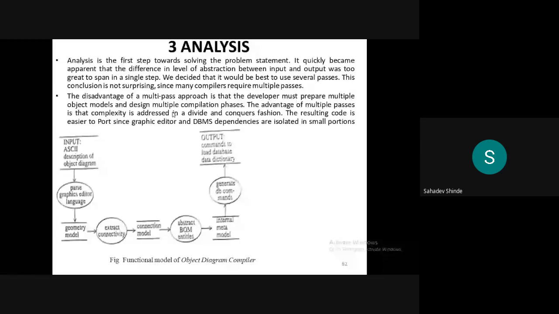The disadvantage of a multi-pass approach is that the developer must prepare multiple object models and design multiple compilation phases. The advantage of multiple passes is that complexity is addressed in a divide and conquer fashion. The resulting code is easier to port since graphic editor and DBMS dependencies are isolated in small portions.